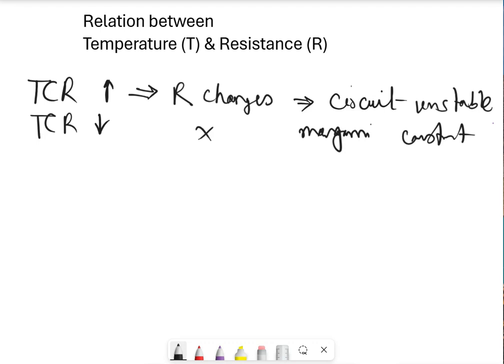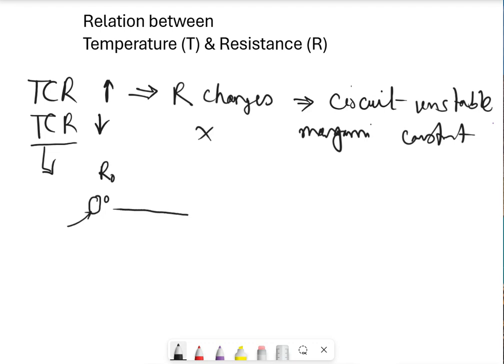So what actually is TCR? Let's describe it mathematically. Let's consider 0 degree Celsius as the reference temperature, T naught, and at that temperature the resistance is R naught, right?